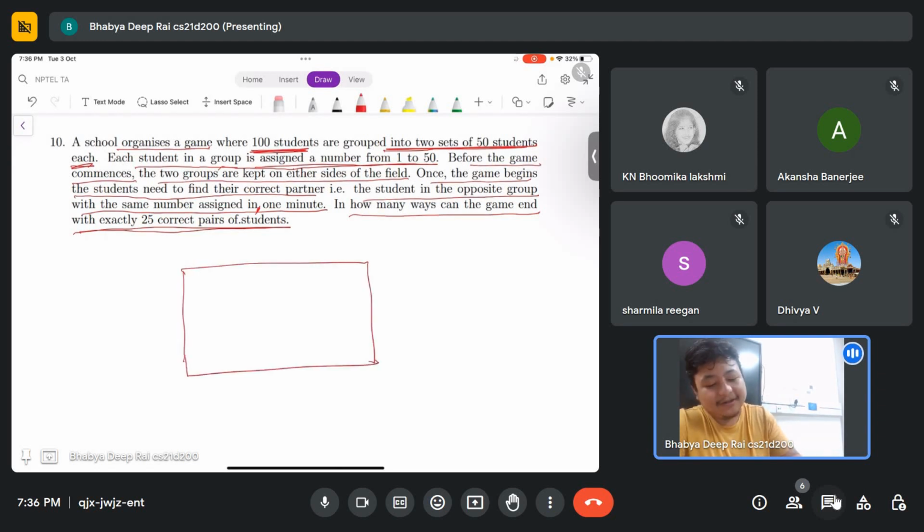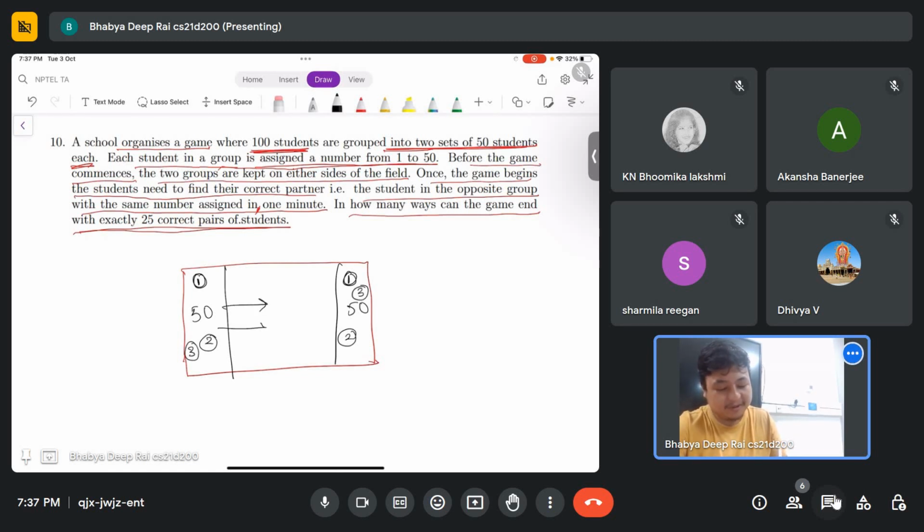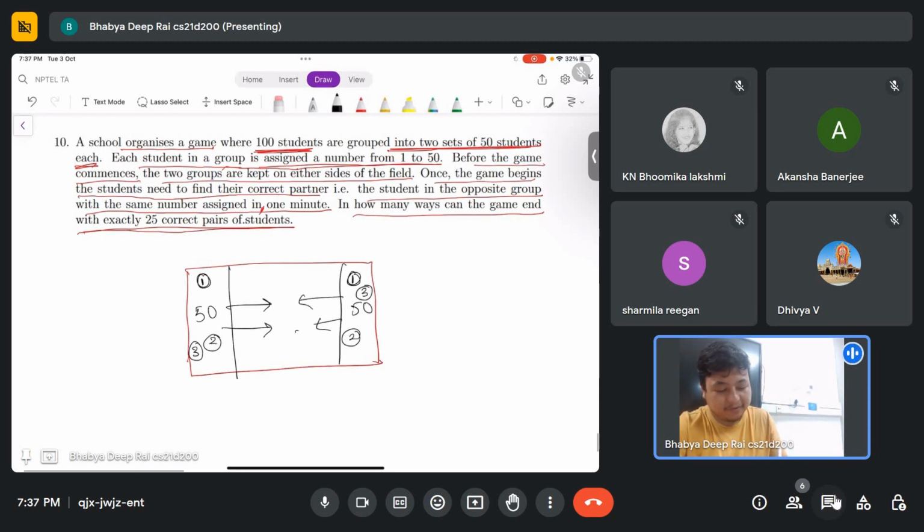Let's say this is the field, and there are 50 students here and 50 students here. There is a student labeled 1 and a student labeled 1, a student labeled 2 and a student labeled 2, labeled 3 here and labeled 3 there. At the start of the game all the students will rush to the middle, and 2 should find 2 and 3 should find 3.